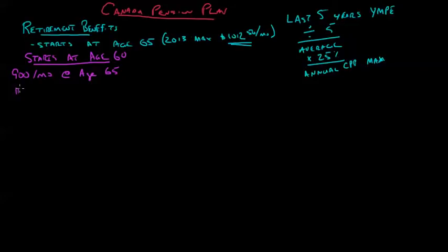We take the number of months that you're taking this early times, now I'm going to use 0.6% here. The reality is this is changing. It was 0.5% and it will be 0.6% by 2017.